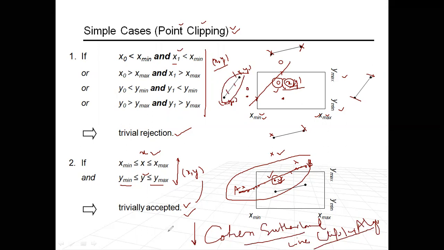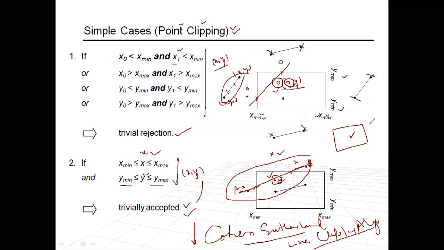I hope you are able to understand the basics of clipping. Clipping is done across any window or viewport. It identifies the visible portion and the invisible portion. The portion lying within the window or the viewport is considered the visible portion.